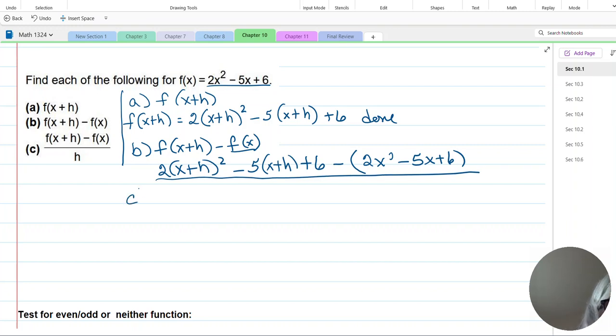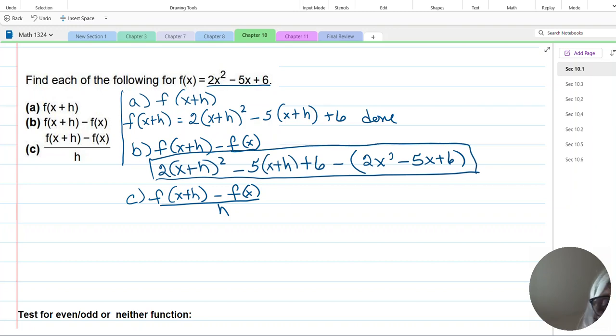Now our C says they want the whole argument over h: f of x plus h minus f of x all over h. So this means we write what we just did.